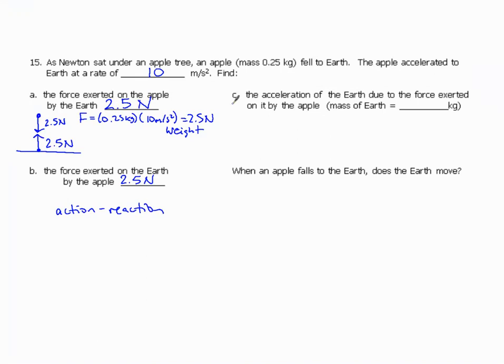C, the acceleration of the earth due to the force exerted on it by the apple. And the mass of the earth, we've used this value before, 6 times 10 to the 24th kilograms. So we have a mass, which is good for using Newton's second law, the net force divided by the mass. Specifically, this is the mass of the earth.